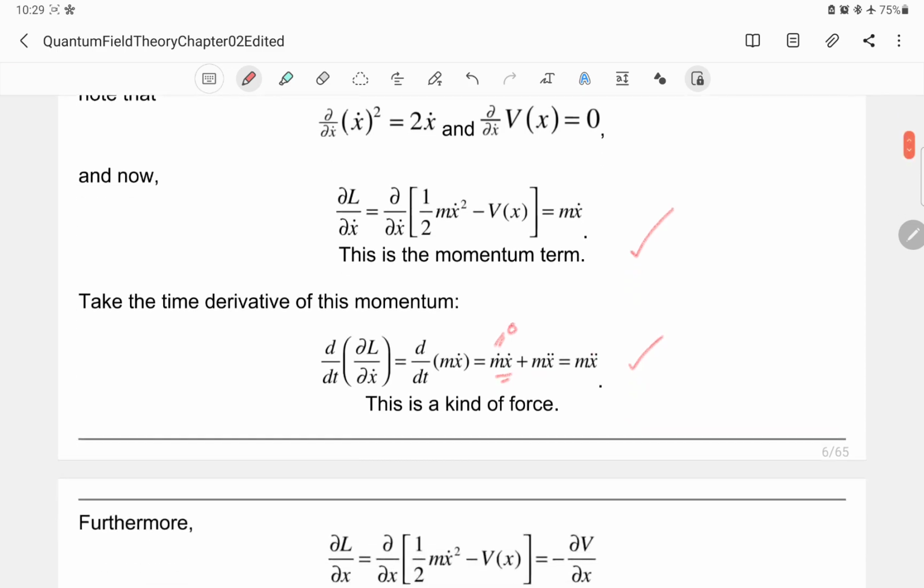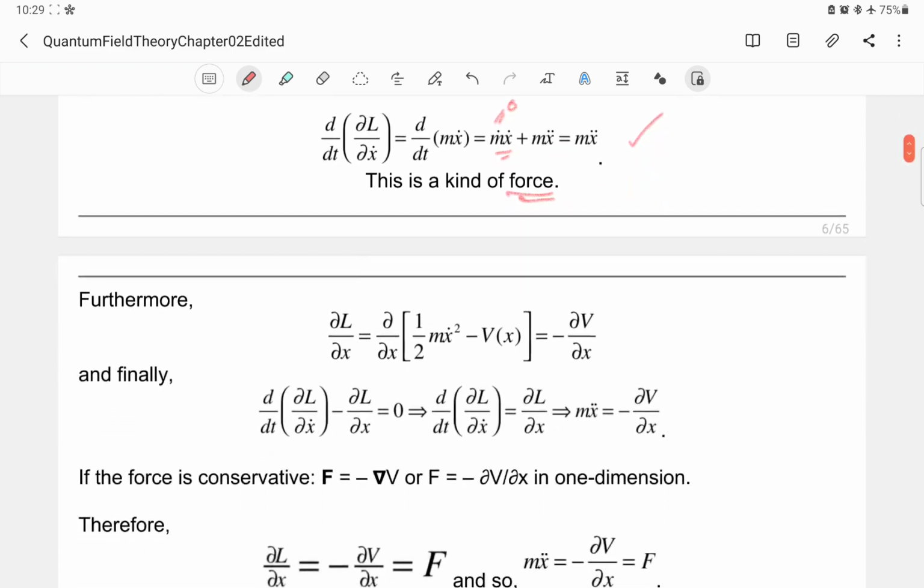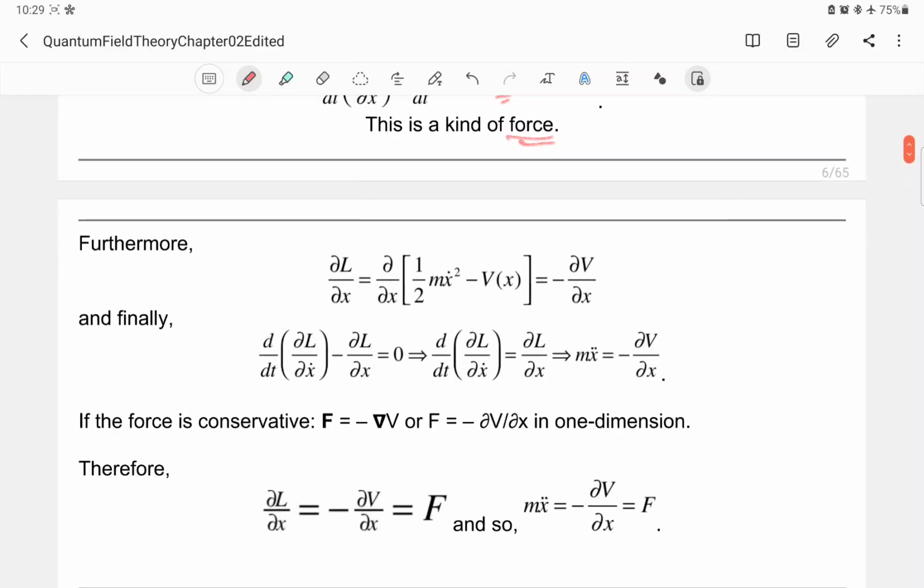By the way, this is a kind of force. We knew earlier in basic physics that force is just mass times acceleration. Finally, you have the Euler-Lagrange equation, which is equal to 0.